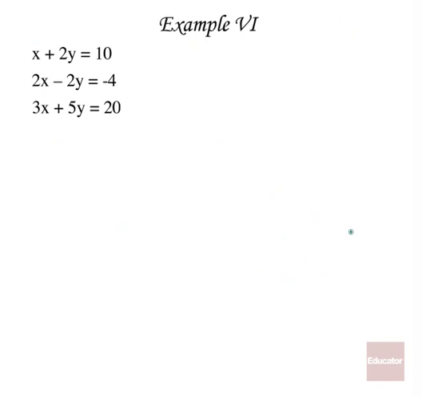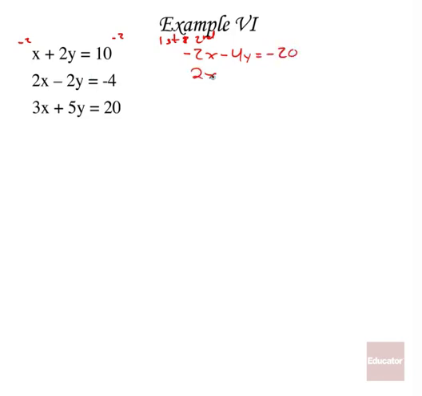So let's see what we have here. Again, we have a system of 3 equations in 2 unknowns, so we're going to treat it the same way. Let's start off by doing the first and second equation. We're going to multiply this by negative 2, so we get negative 2x minus 4y equals negative 20.